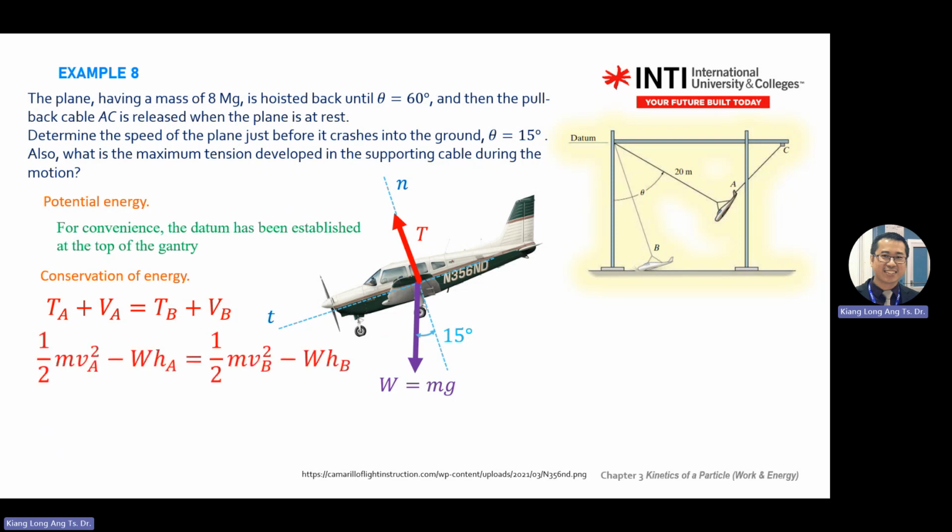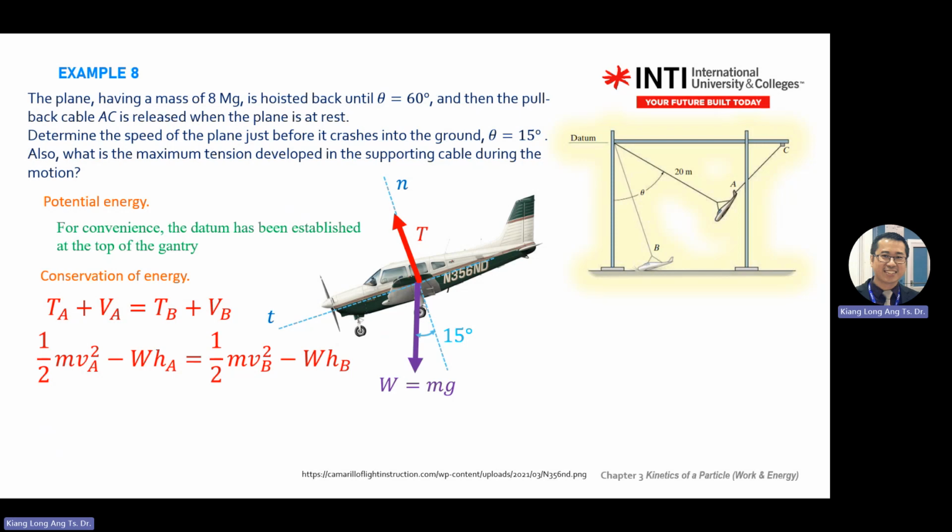You put in the equation: half mv squared equals minus mgh. Why minus? Because the plane is below the datum. If the question flips and we put the datum on the ground, this becomes positive. Just be careful with the datum. If the datum is below, your object is above the datum, then it becomes positive.